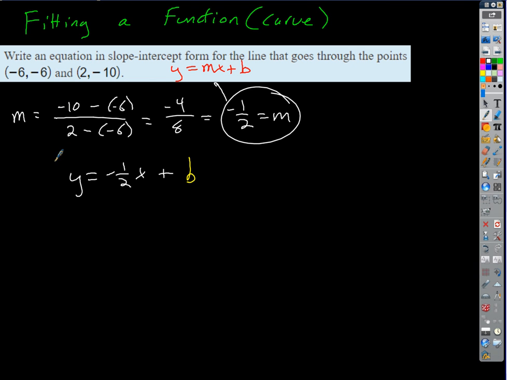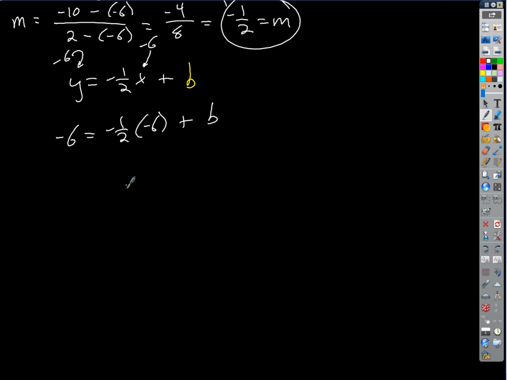If I plug -6 in for y and -6 in for x, I get -6 equals -1/2 times -6 plus b. Well, I can solve that for b, right? I just simplify first. -1/2 times -6 is 3. And then all I've got to do now is just subtract 3, right?